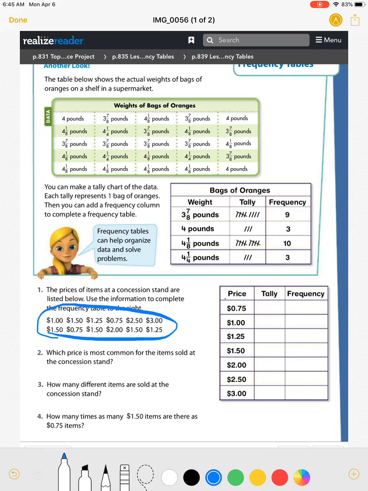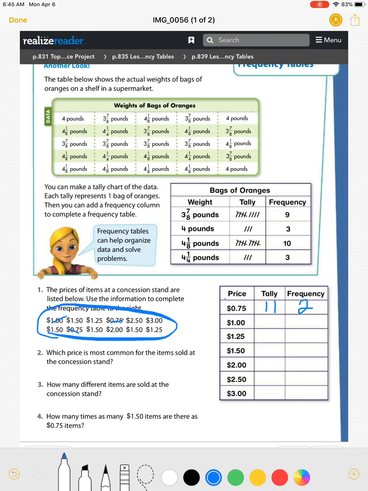So 75 cents. Let's find 75 cents. There's 75 cents. Oh, cross it out. That's 1, 2. Do you see any more? So we put 2 tally marks and a frequency of 2. Now for $1.